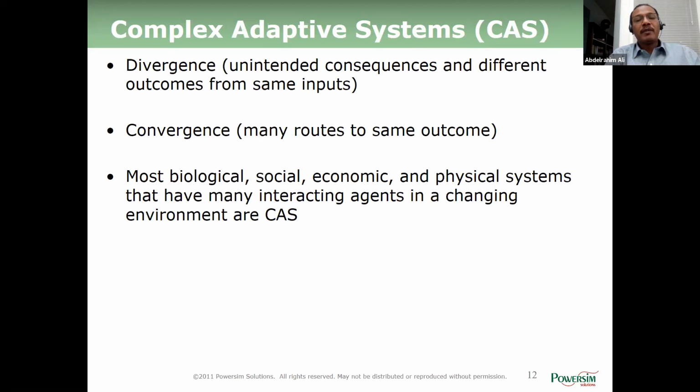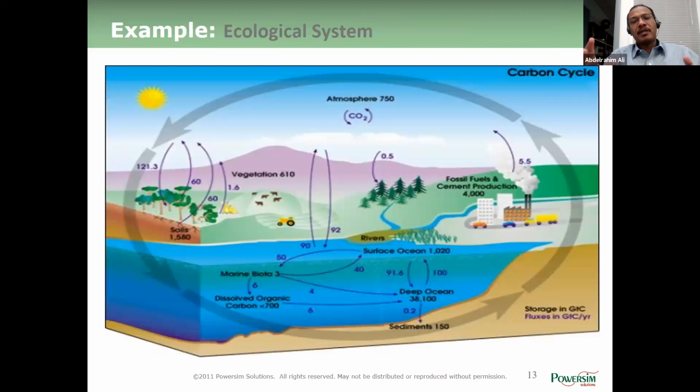The third one, the last thing maybe we can talk about, is the characteristic that most biological, social, economic, and physical systems, which have interacting agents and a changing environment, are complex adaptive systems. Like this, the environment is very complex, but at the same time very adaptive. And in organizations, you have these characteristics.